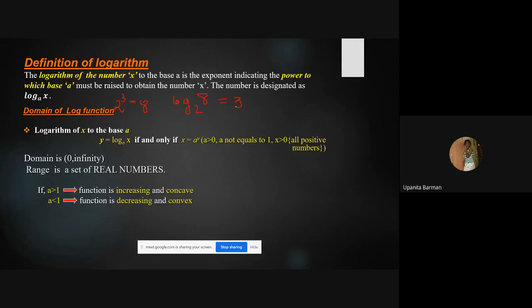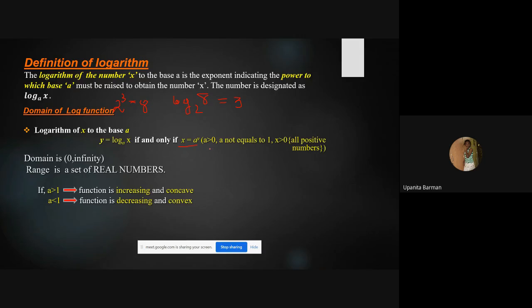Next, we proceed with the domain of the log function. We have assigned log x to the base a to a variable y, which implies that x equals a to the power y. This is only possible if a is greater than 0.